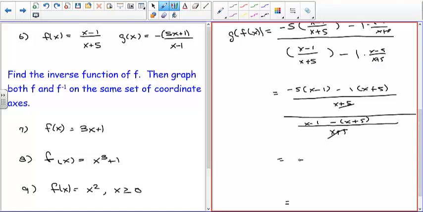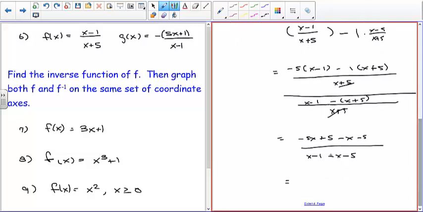So you get negative 5x plus 5 minus x minus 5 divided by x minus 1 minus x minus 5.